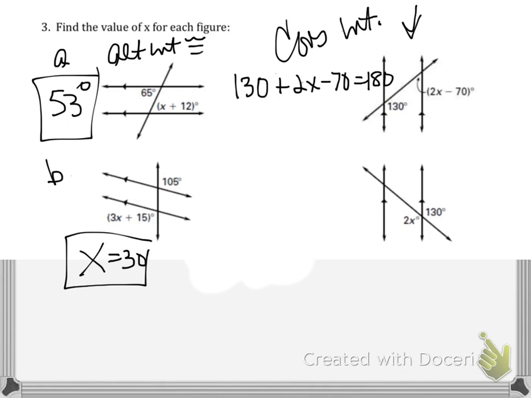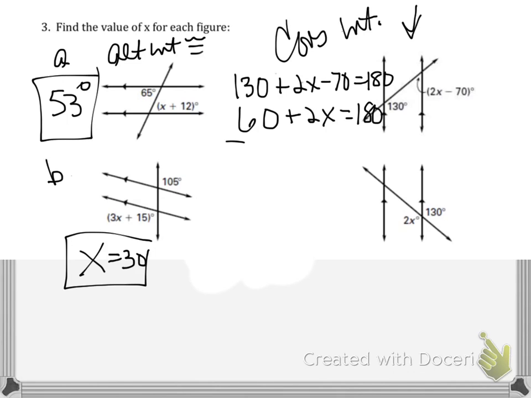Okay, so let's clean this up a little bit. So what is 130 minus 70? You should say 60, and you certainly should be using a calculator for this if you have any doubt. So 60 plus 2x equals 180.